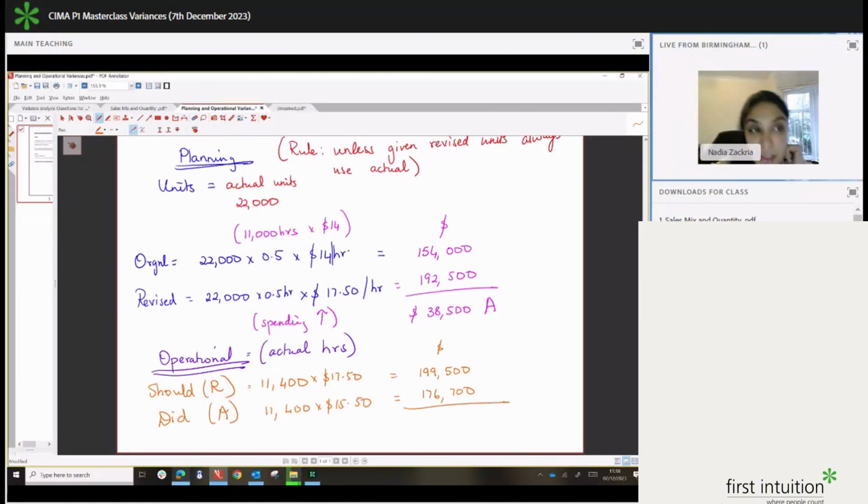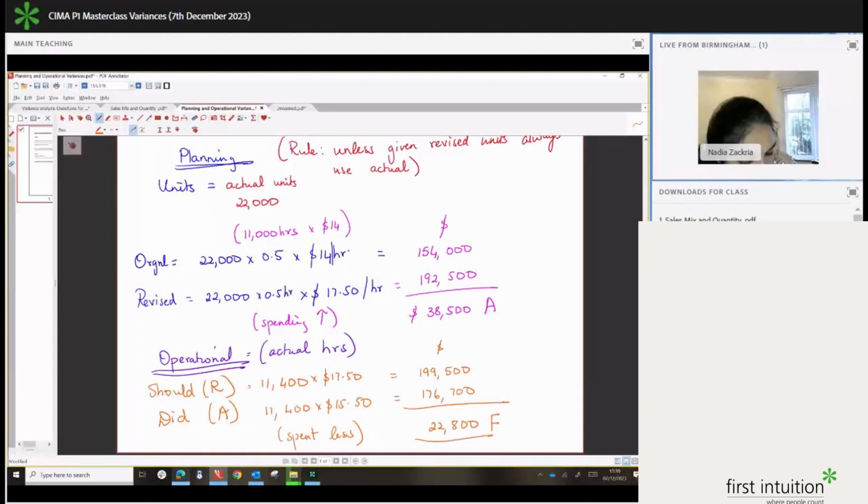Is this a good thing or a bad thing? According to our revised budget, if we had used 11,400 hours, we should have spent 199,500, but we've only spent 176,700. We've spent less. Therefore, it's a favorable variance. How favorable?